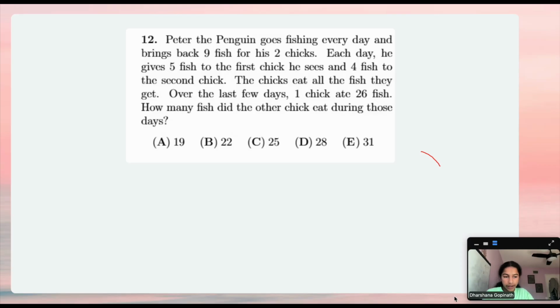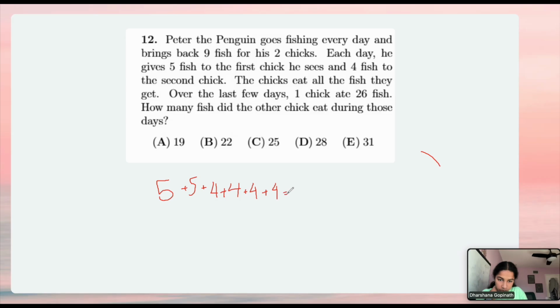So the only way to make 26 with 5s and 4s is if you do 5 plus 5 and then four 4s. So that's 26. So how many days is that? It's 1, 2, 3, 4, 5, 6, so 6 days.